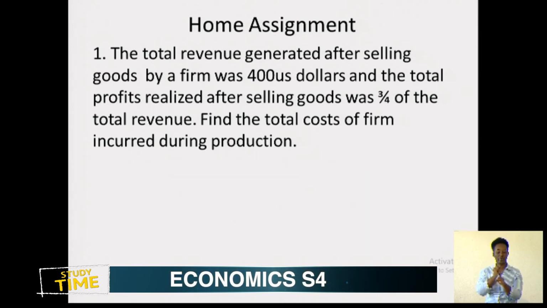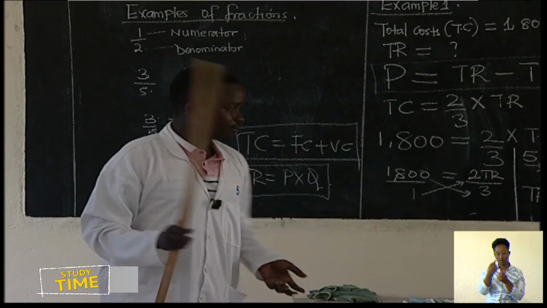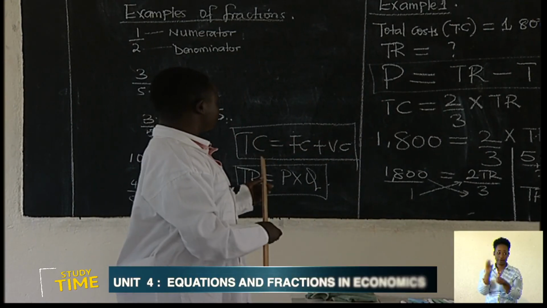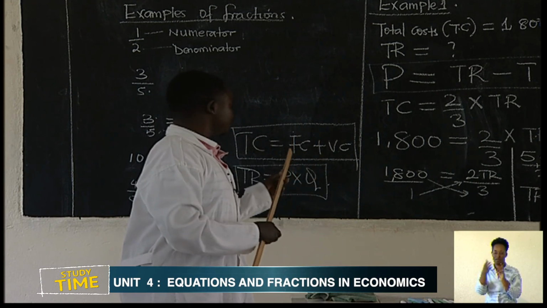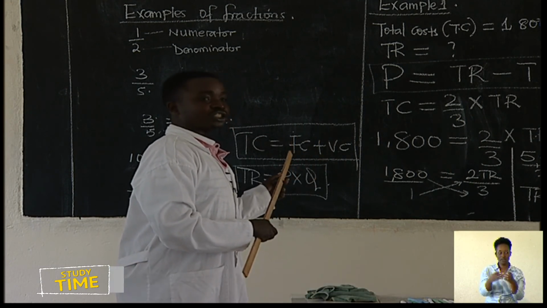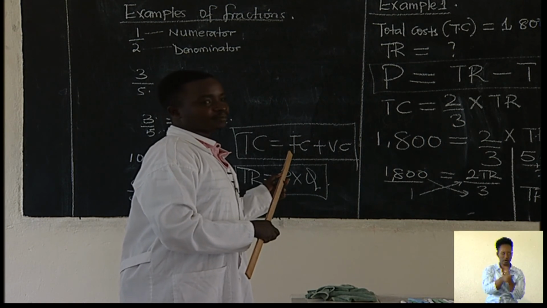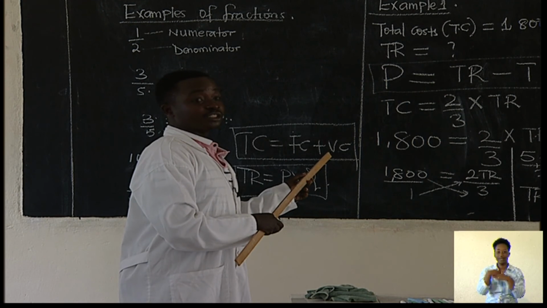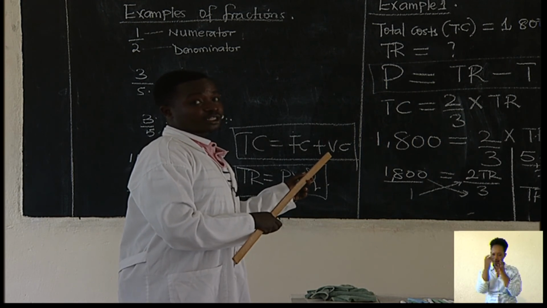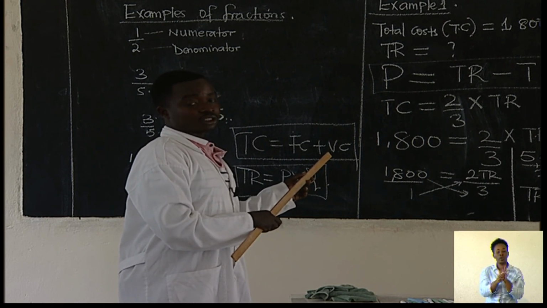Remember total costs? To get total costs, we have fixed costs, then you add variable costs. Fixed costs are costs which don't change with output, like rent. It does not easily change. Then variable costs change with output level, like the costs of raw materials.